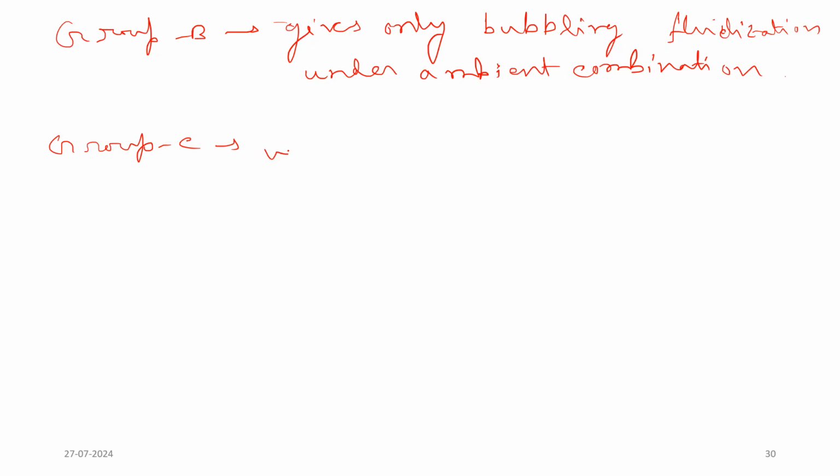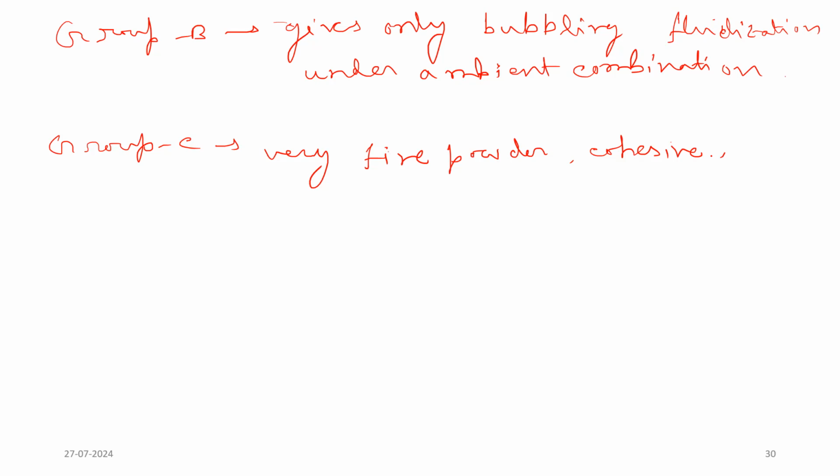Group C is very fine powders, the smallest size of particles in the group. They are always cohesive because the particles are very fine, right?